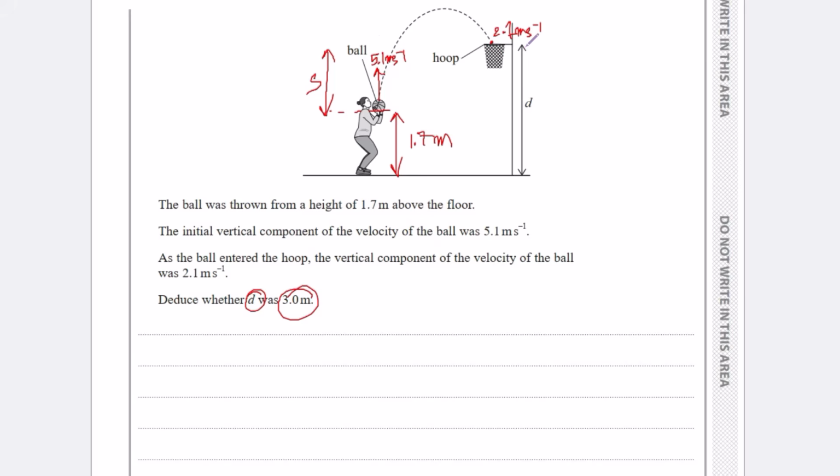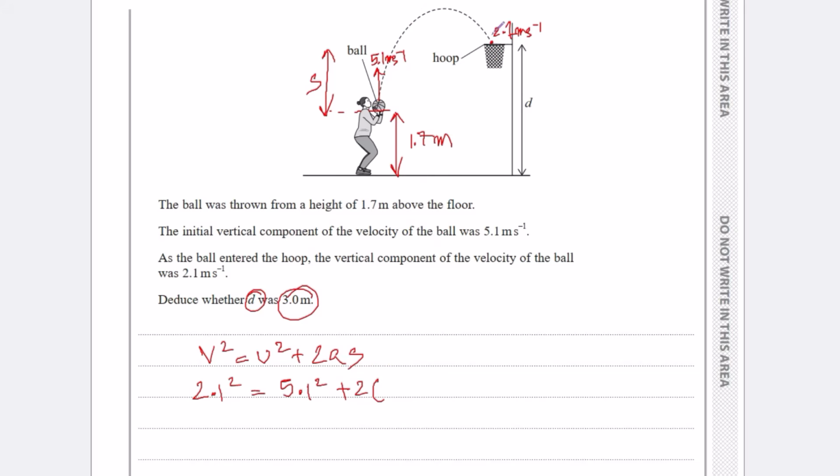So you have this final velocity V, you have this initial velocity U. So you can recall the equation V squared equals U squared plus twice AS. So V would be 2.1 squared equals U would be 5.1 squared plus 2 times acceleration, since it's double motion.